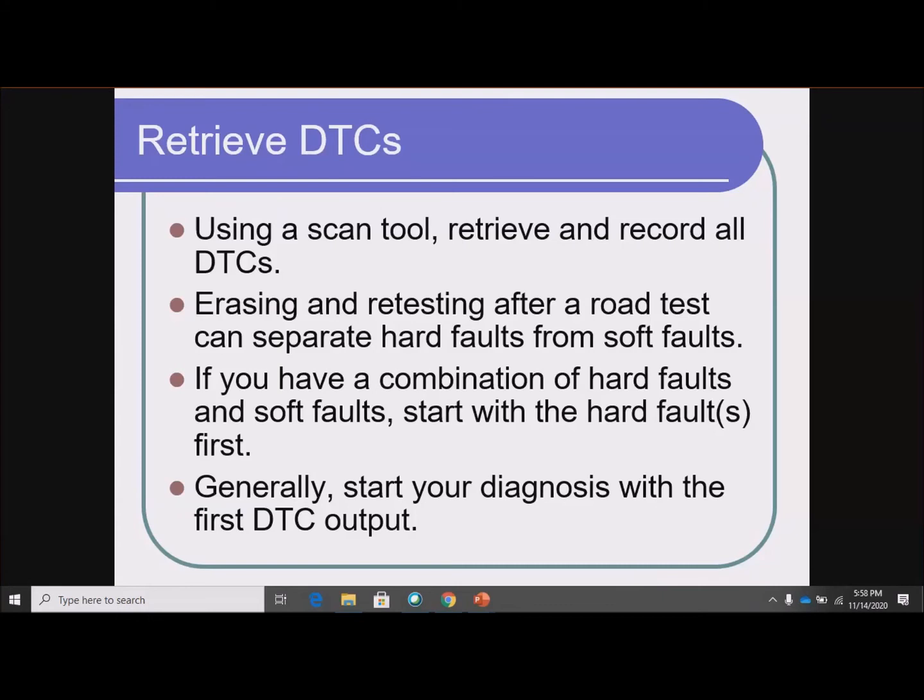There was a code for the motor mount. This thing has active motor mounts, and the bad motor mount would not allow you to continue with the diagnostics for the other code. You couldn't follow that code chart until you fixed the motor mount. So sometimes you're forced into an order.